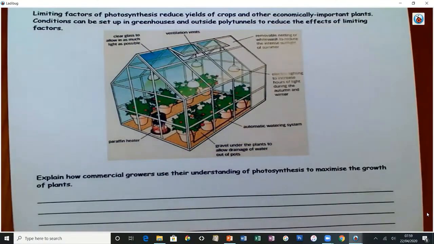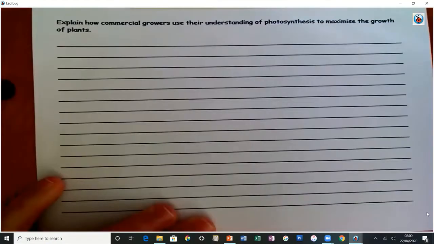What I'll now do is go through each of the limiting factors in turn. Let's start with light intensity. We know that increasing the light intensity up to a point will increase the rate of photosynthesis and therefore will increase the growth of the plants.